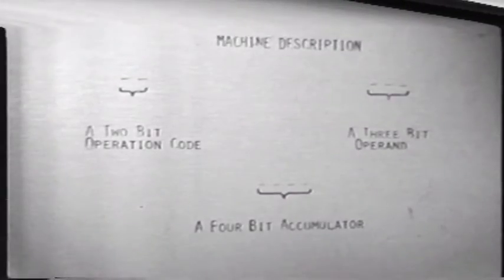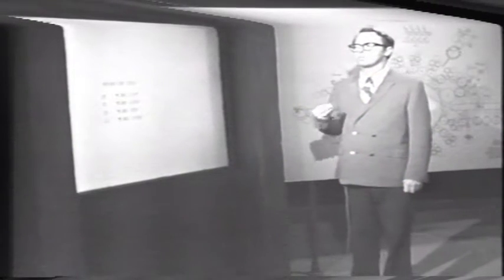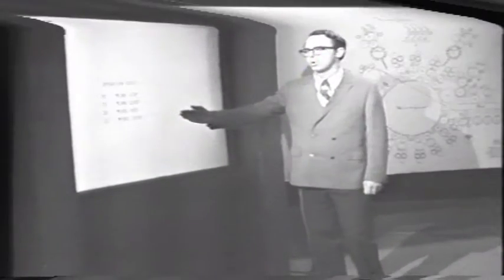Now, let's look at the opcodes that will make up our machine. This is the repertoire of instructions which we'll permit in our machine. Since we only have two slots reserved for the operation code, these are the only opcodes that are available to our machine.